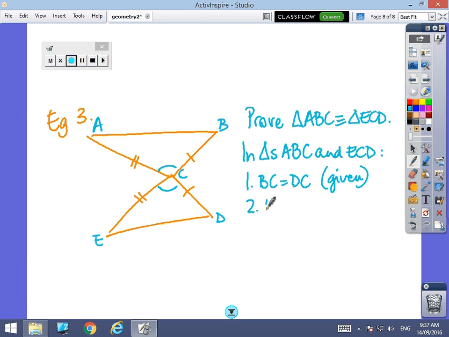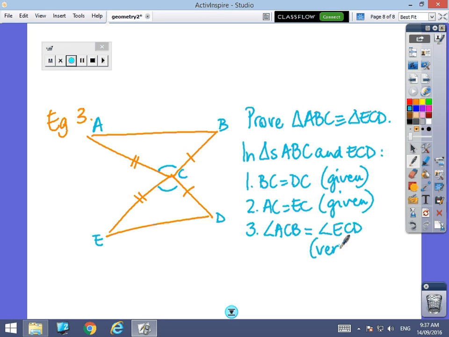Number 2, AC equals EC, also given. It's a perfectly fine reason to give. And 3 is angle ACB is equal to angle ECD, and the reason is vertically opposite angles. And I finish off with therefore triangle ABC is congruent to triangle ECD.